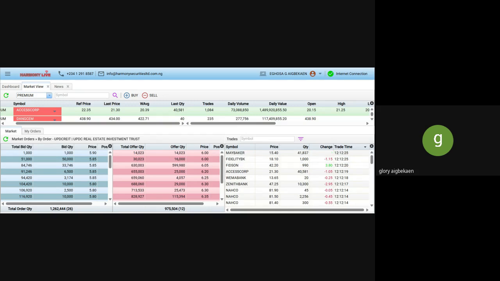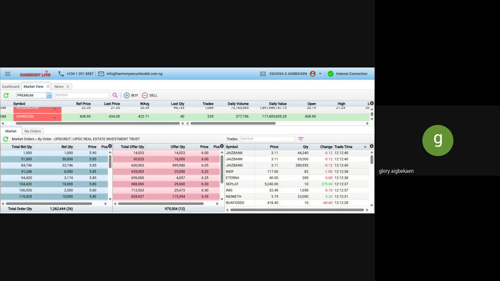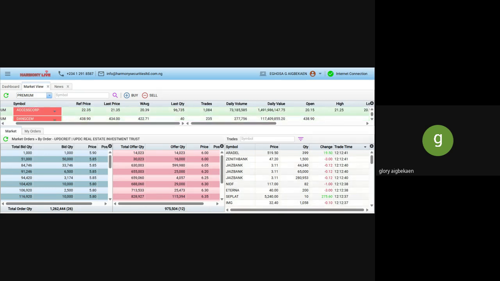Even if you had 100 million this morning and you wanted to buy 100 million units at that price of 20 naira 15 kobo, you could buy.